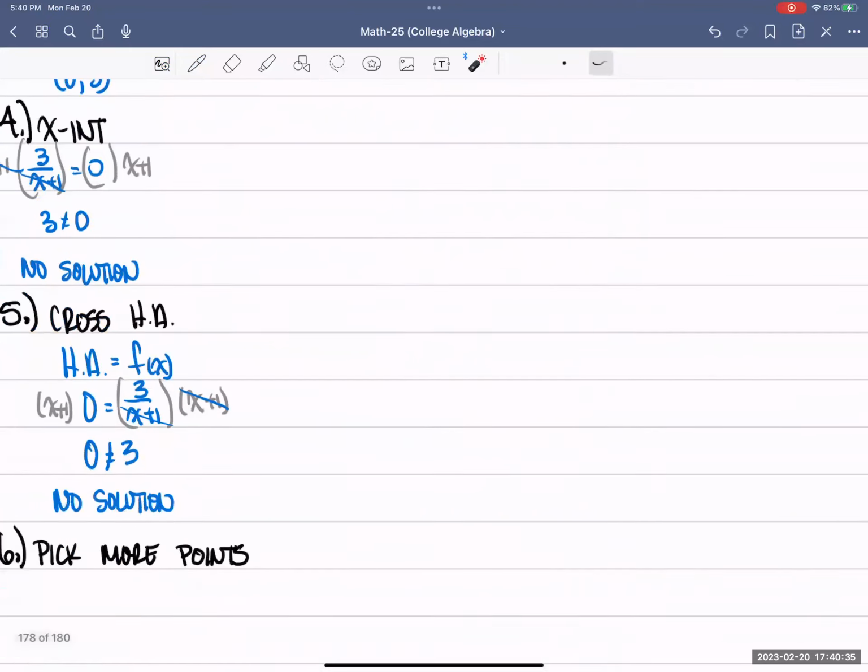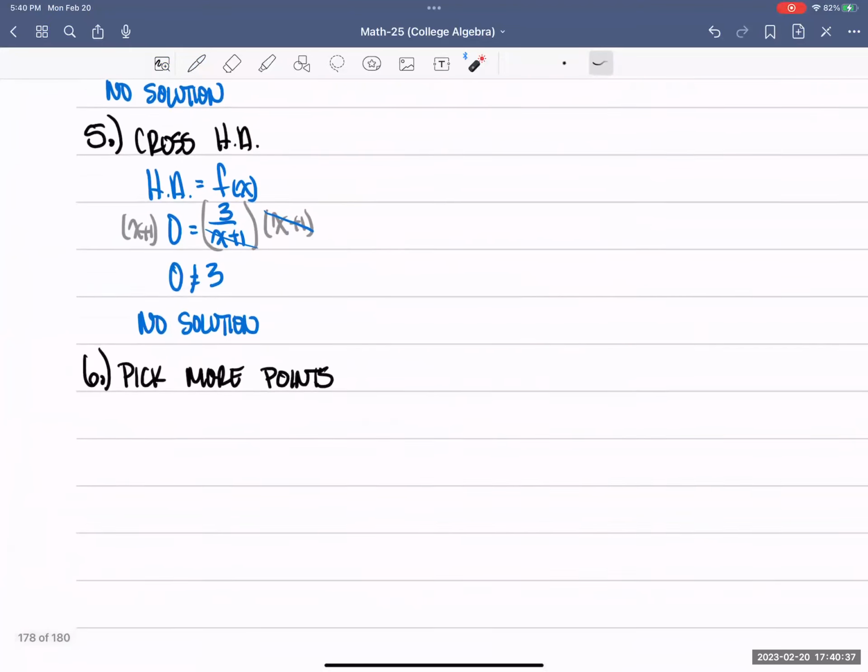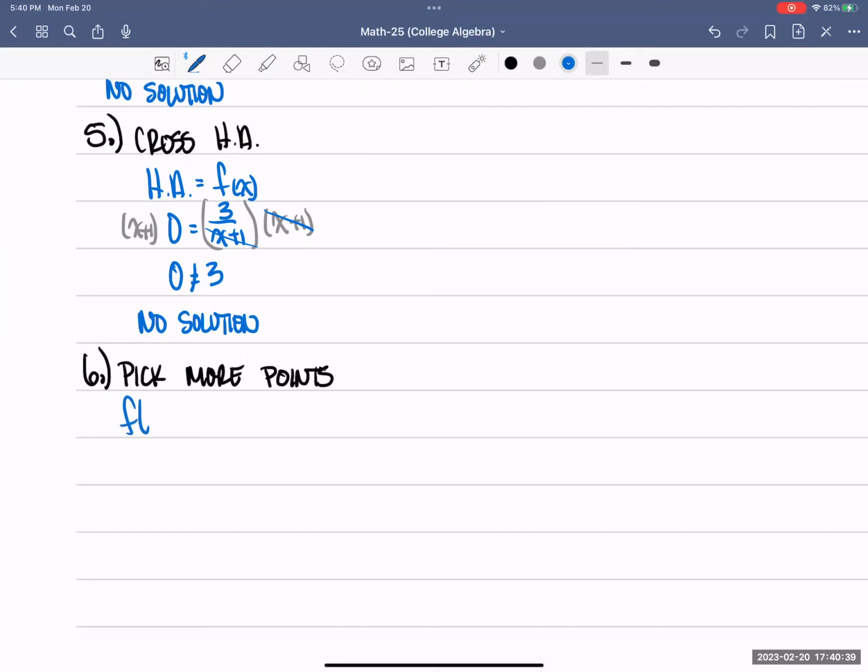So let's come down here and pick more points, evaluating our function at -2. Our function was 3 over x plus 1. So we have x as -2, then plus 1. That's -1, so we have -3.